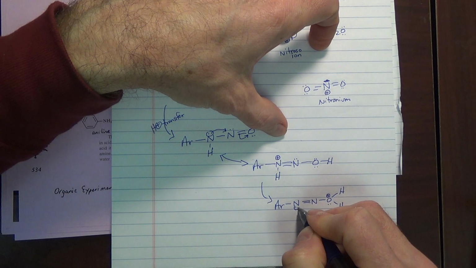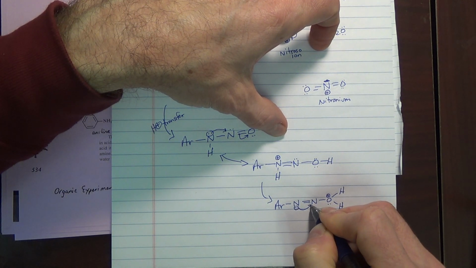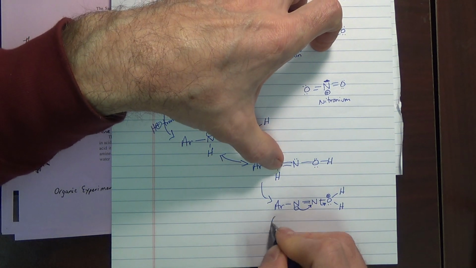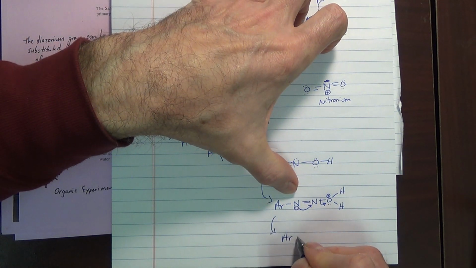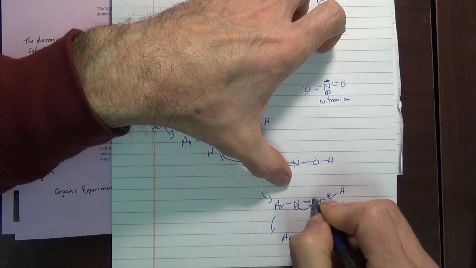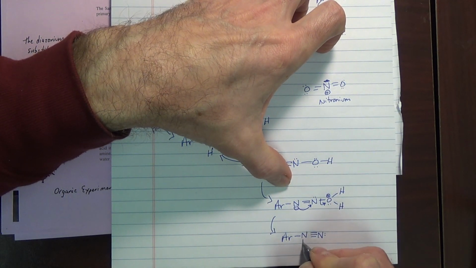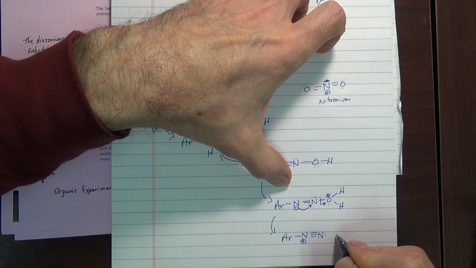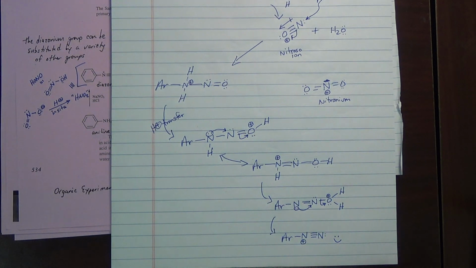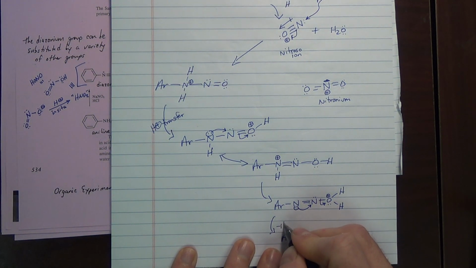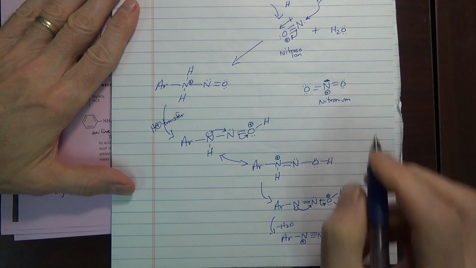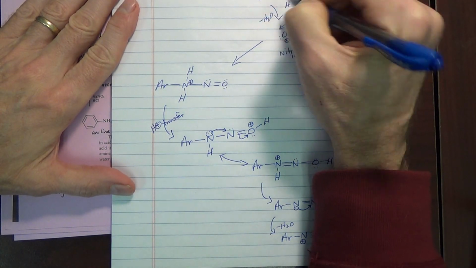Here we do the similar. These electrons move in here, kick off the leaving group, and that gives a triple bond in, positive there. And there you go. There is your diazonium. So we lose water here. We lost water way up here.